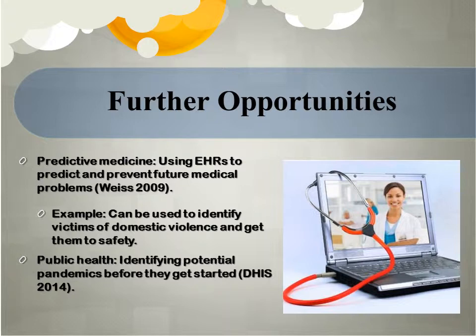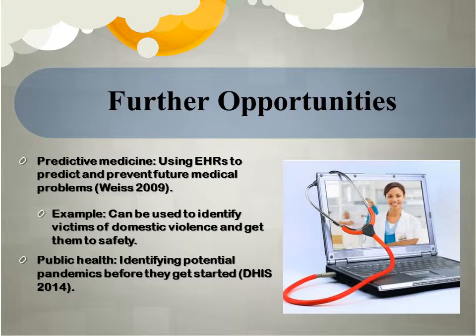In this sense, patterns of symptoms can be analyzed by the system to come up with predictions of current or future medical problems. One specific example of this would be a pattern of injury or bruising that the system would flag as a possible indication that for this patient, there may be some kind of abuse happening.